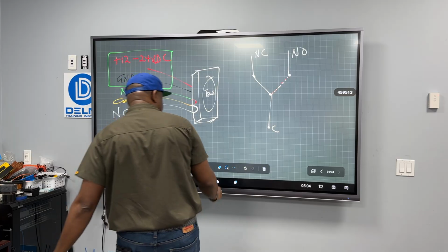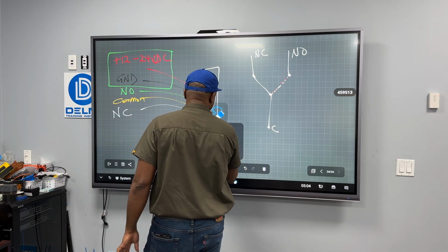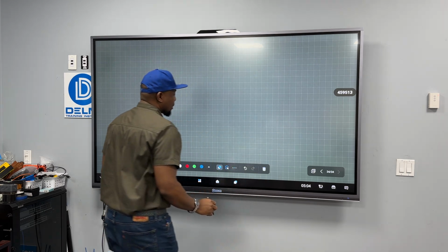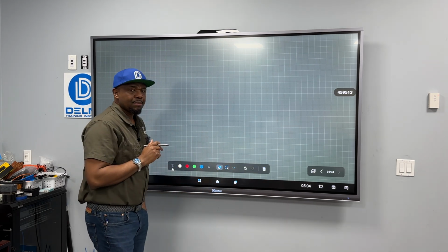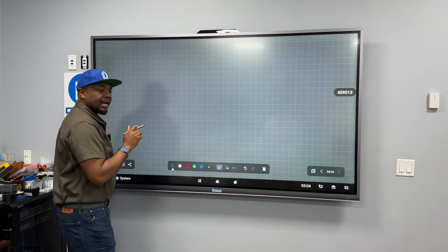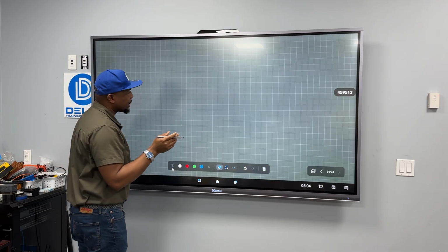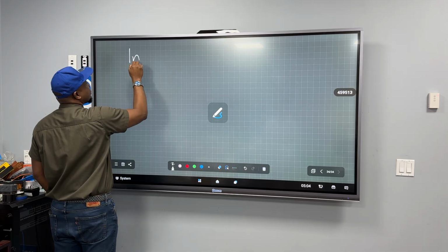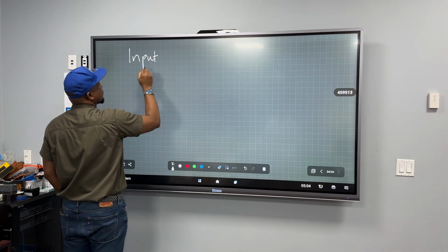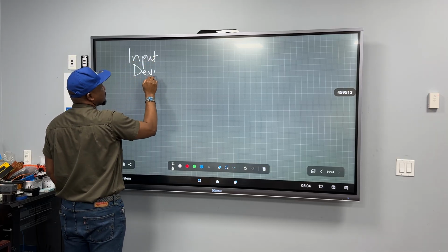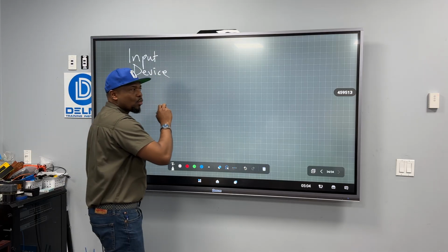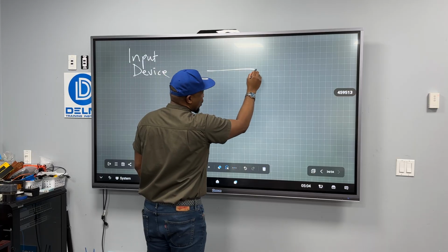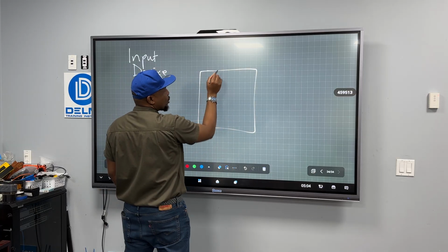So let's try and draw some circuits now. Anytime we have a switch, which is an input device, we need to connect it to either a control center or a controlling device.